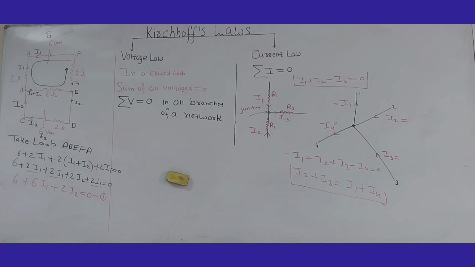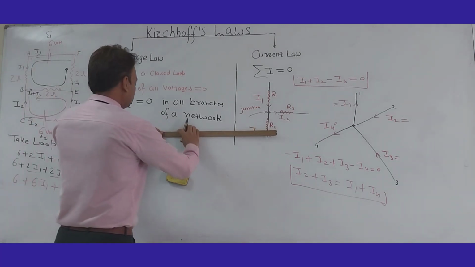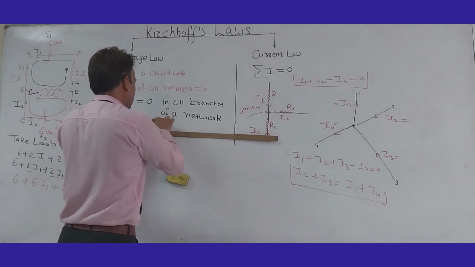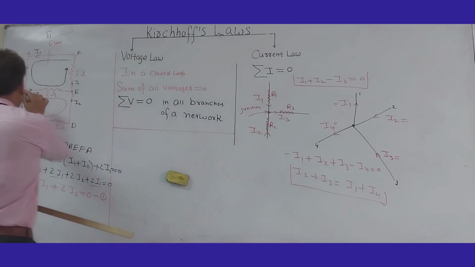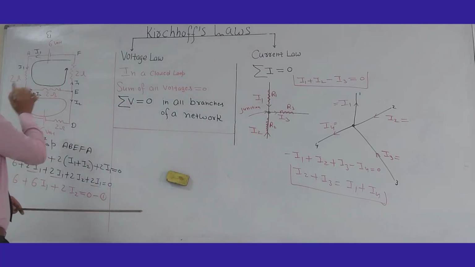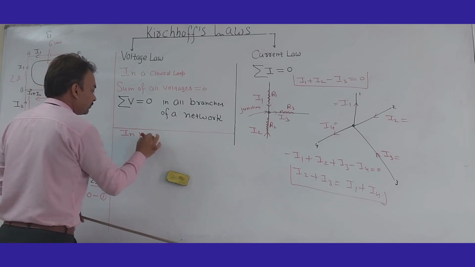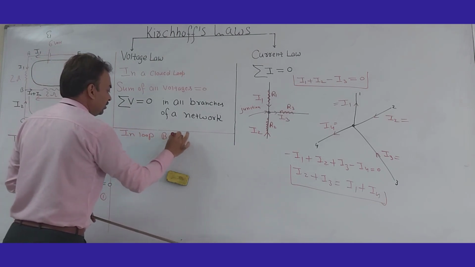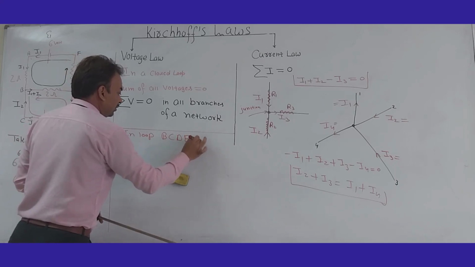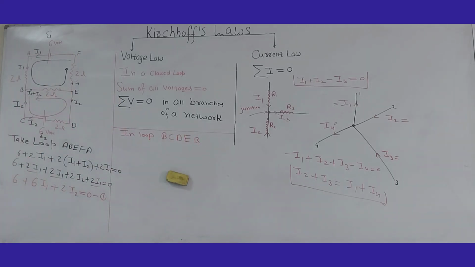If I move in this loop, from here to here, like this, I choose the loop B, C, D, E, B. Now we are moving anti-clockwise. That's your choice. You can go clockwise also.